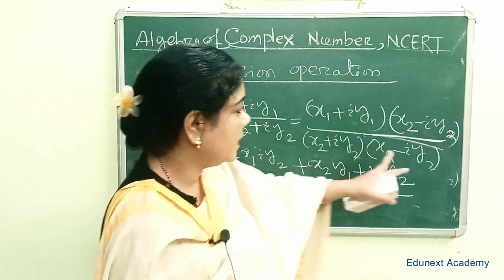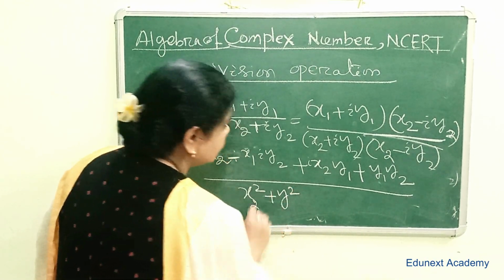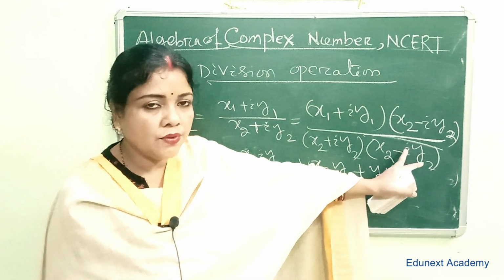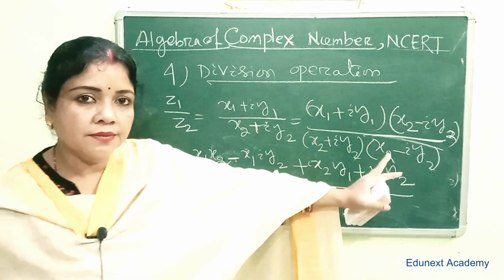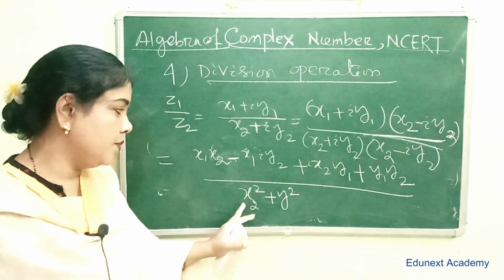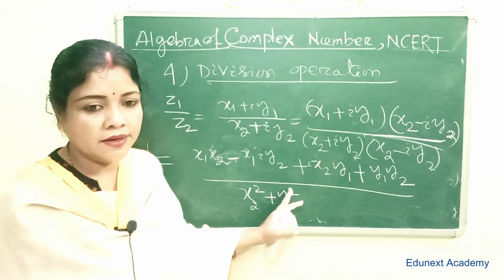b square means i square y square, because this is i into i, which is i square, meaning minus 1. So minus into minus, that is plus. So obviously that will be x square plus y square, right?